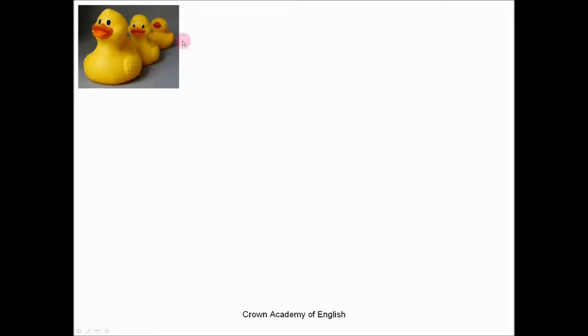So, we can say all of the ducks are yellow. The word of is inside brackets because the word of is optional. So we can either say all the ducks are yellow or all of the ducks are yellow. It's the same.